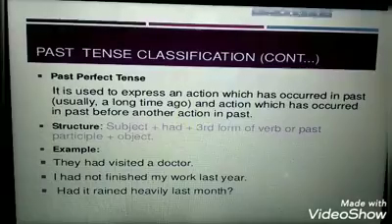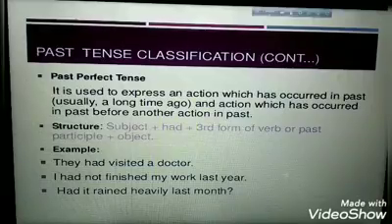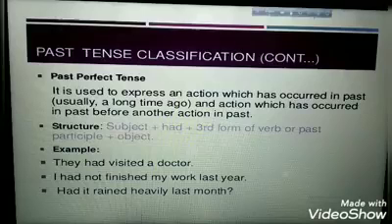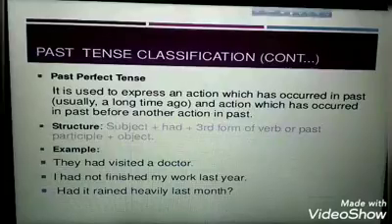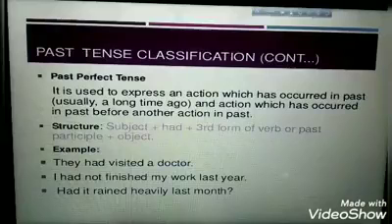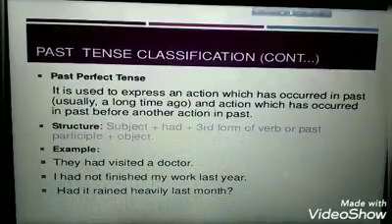Subject plus had plus third form of verb or past participle plus object. For example, they had visited a doctor. I had not finished my work last year. Had it rained heavily last month? So these are the examples of past perfect tense.